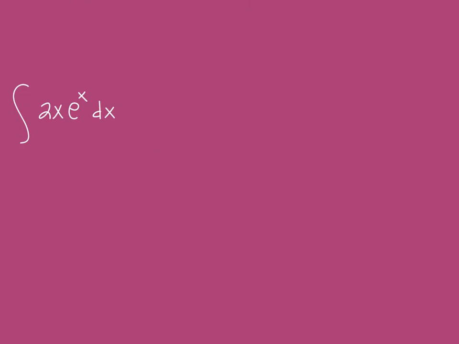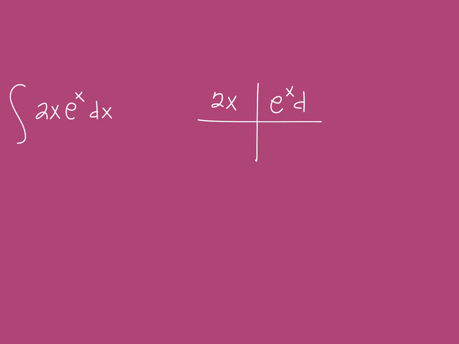All right, so again, this is where you press pause, and I'm going to set up another integration by parts. Polynomial still beats exponential. 2x, and then everything else, e to the x dx. So my derivative is 2 dx, and my antiderivative is e to the x again.